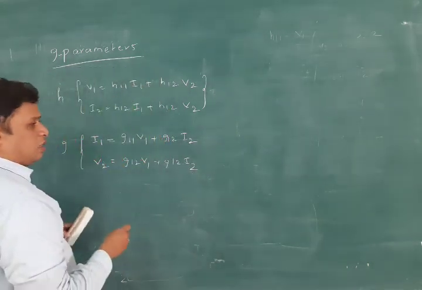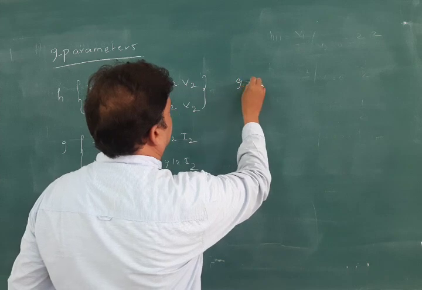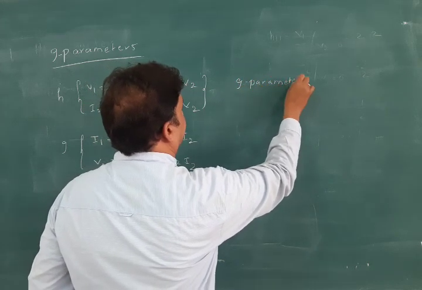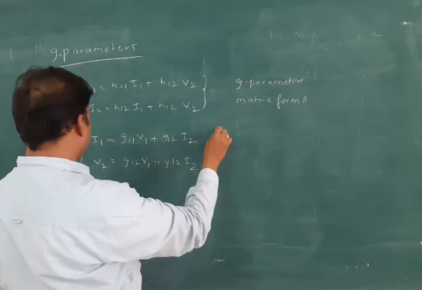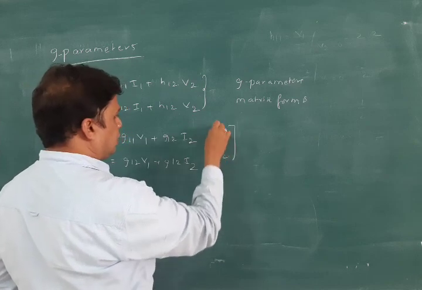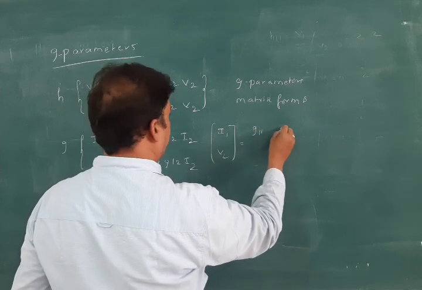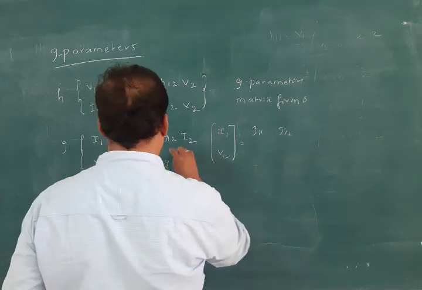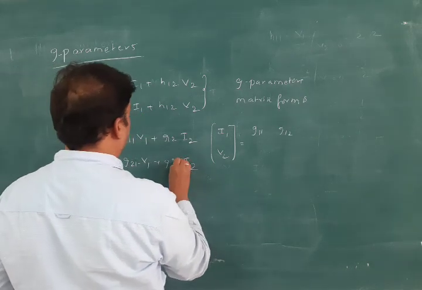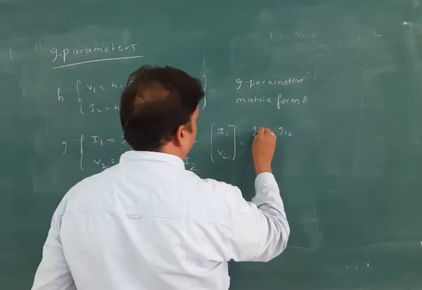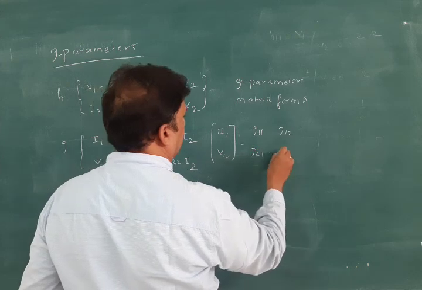Now let us write the matrix form for G parameters. The matrix form is: the column matrix I1, V2 equals the matrix G11, G12, G21 and G22, multiplied by the column matrix V1 and I2.